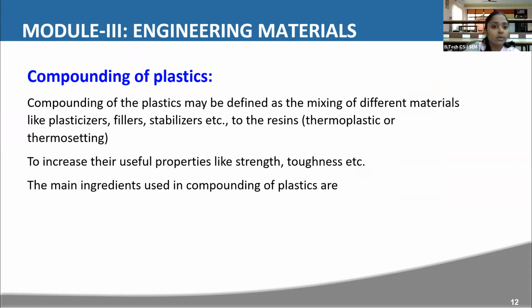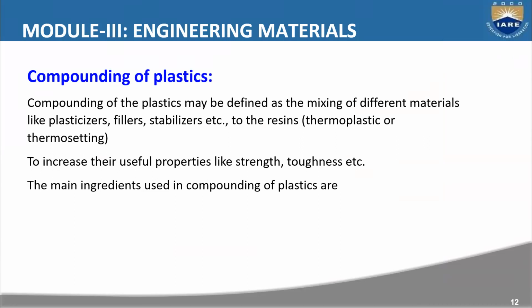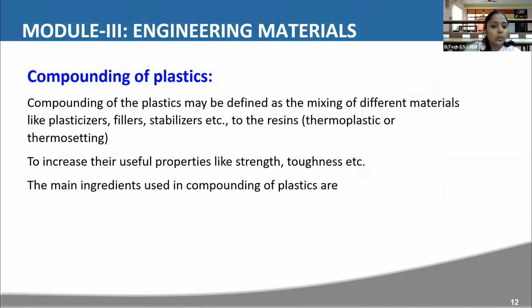Compounding of plastic may be defined as the mixing of different materials like plasticizers, fillers, stabilizers, etc. to the resins, thermoplastic or thermosetting plastic, to increase their useful properties like strength, toughness, etc.